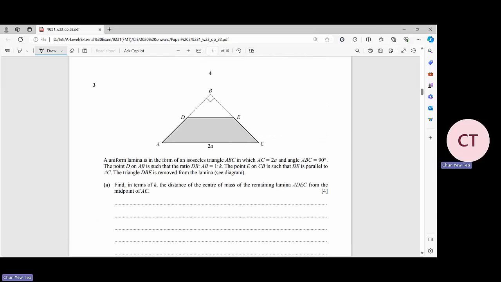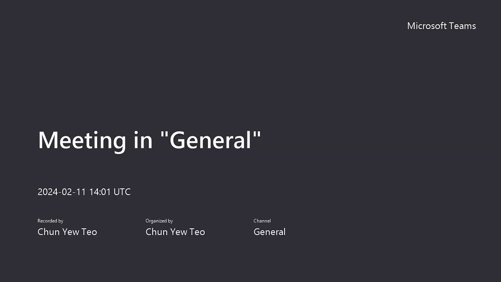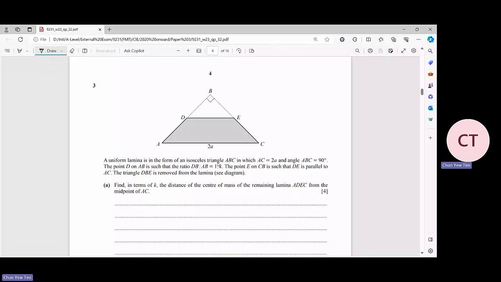Question number 3. Okay, now we take a look at question number 3. A uniform lamina is in the form of an isosceles triangle ABC with AC equal to 2a. Angle ABC is 90 degrees.